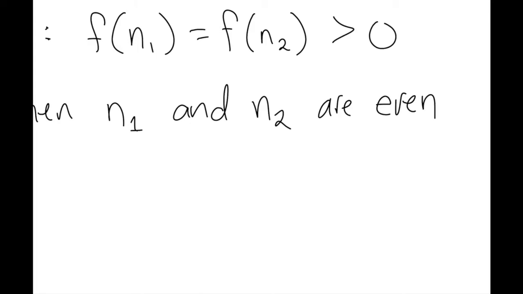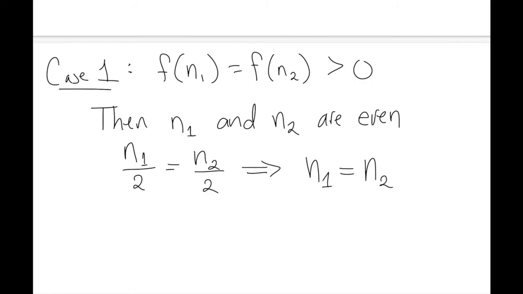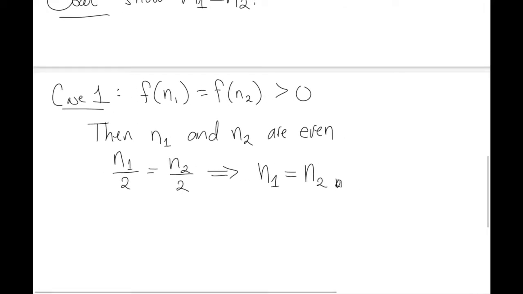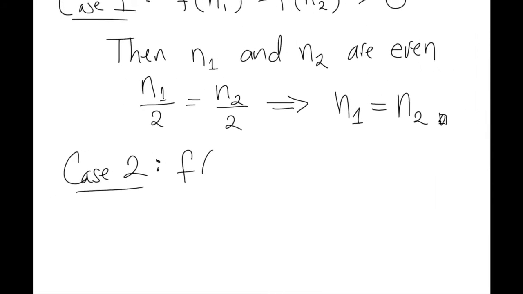And so that means by the definition of f that n1 divided by 2 equals n2 divided by 2. Well, that just tells us immediately by multiplying both sides by 2 that n1 equals n2. And so we're done.